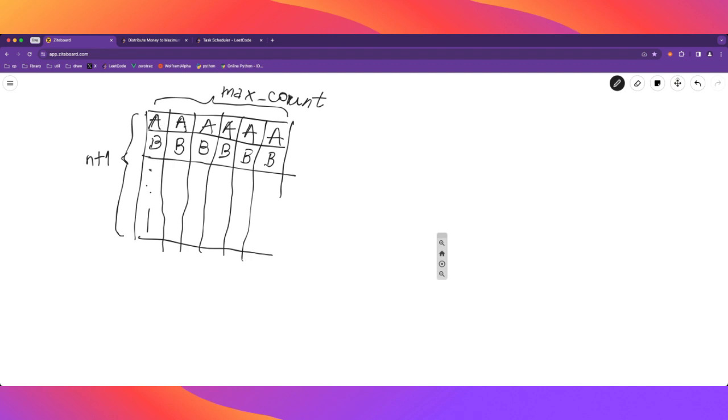Notice that there will be n elements between one occurrence of A and the next. That means that we are complying with the cooling time. So this will work.